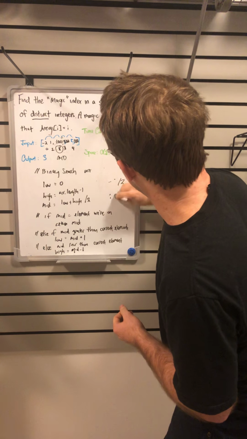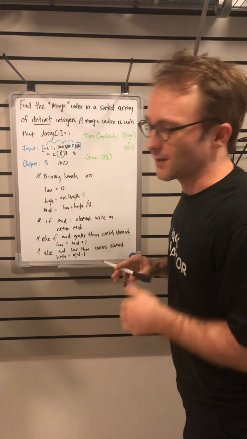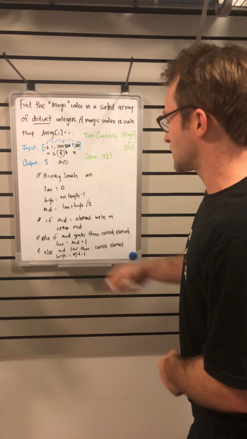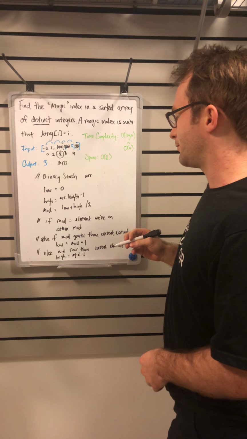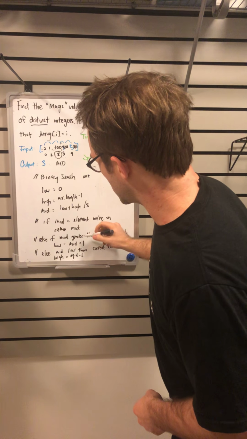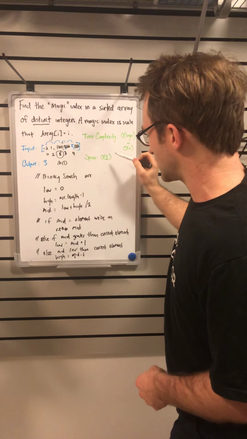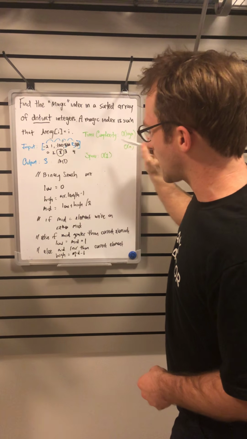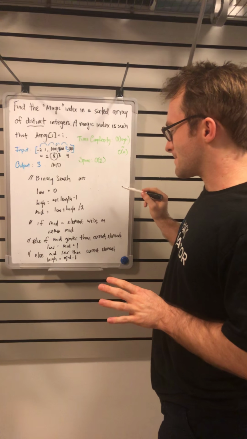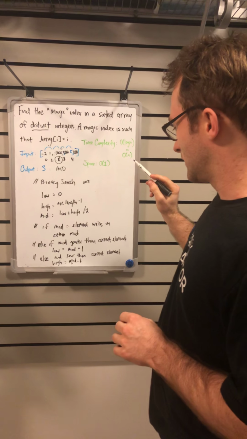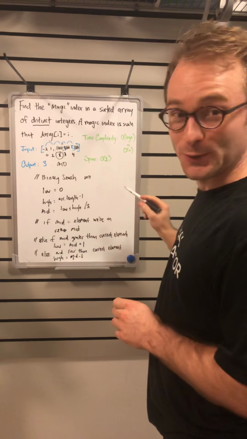Before, I assumed that our low was going to be 0. It's not always going to be 0, it's going to be changing, right? So we changed it before. We made the mid plus 1, so that was 3, well, no, it's 0 right now. Sorry, I'm getting a little tripped up. I'm just going to take a second to reevaluate my thoughts here so I don't gibberish for too long.